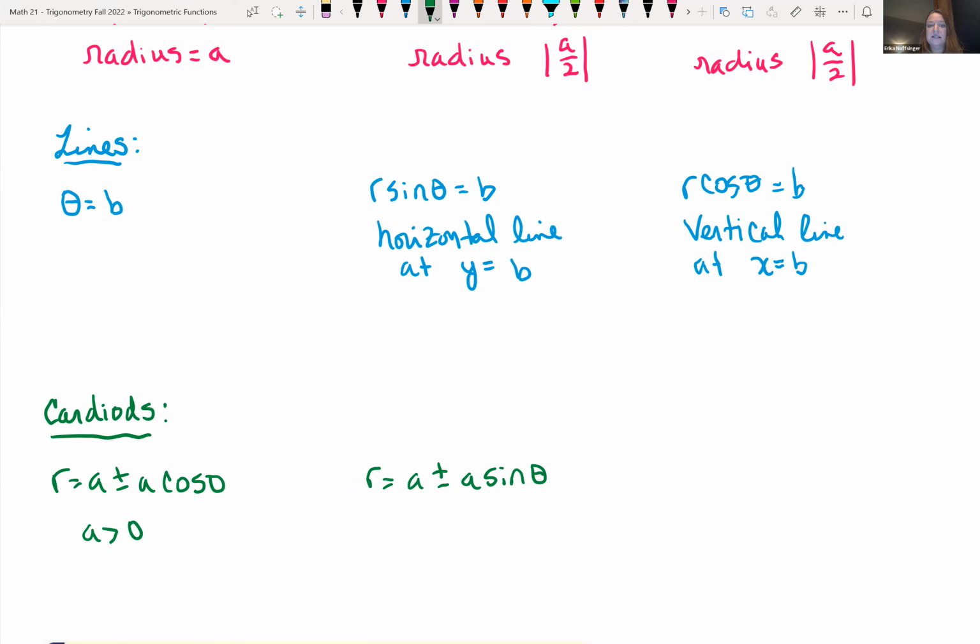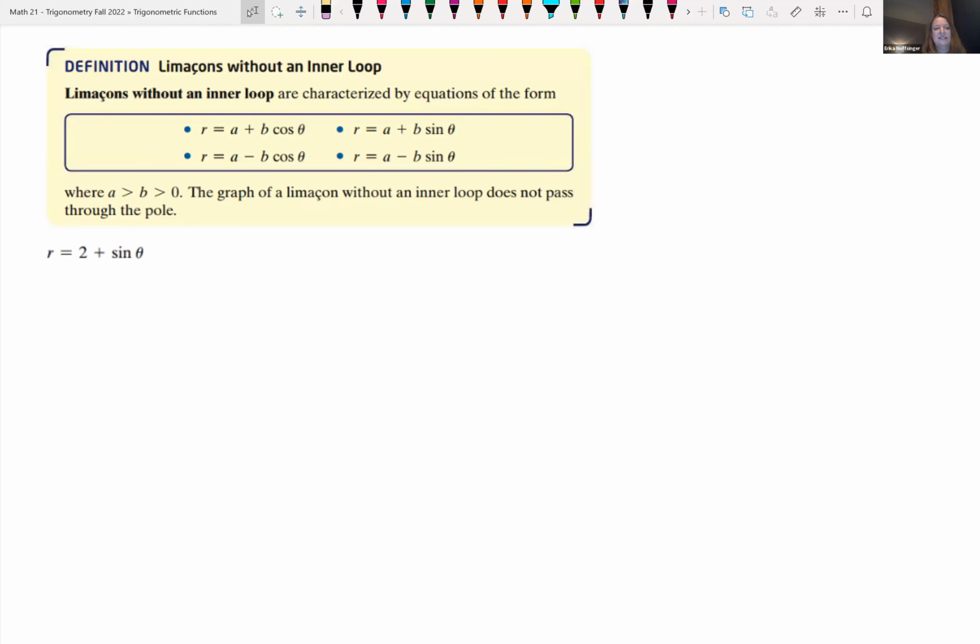So now let's look at some other types of equations that you may see while you're graphing these polar equations. The next one is called a limaçon curve. I don't know if I'm pronouncing that right, so I apologize if I'm not. This limaçon curve is without an inner loop.